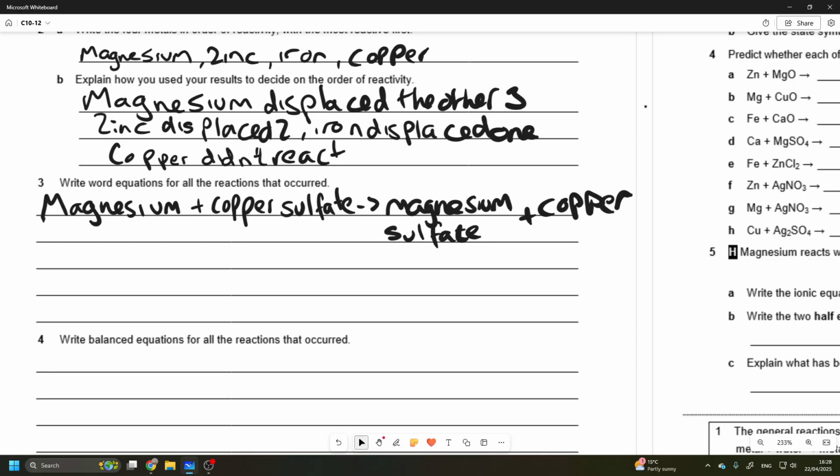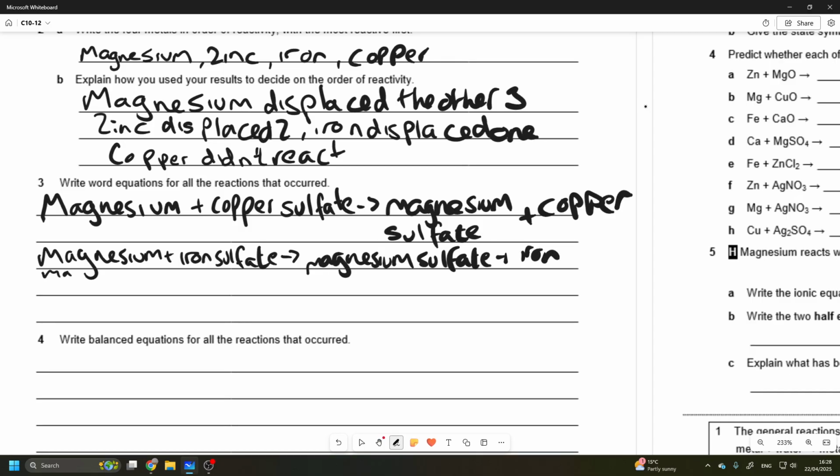That's just one of them. Okay, you've then got, I'm going to run out of room here, magnesium plus iron sulfate makes magnesium sulfate plus iron. I'm going to squeeze this in.